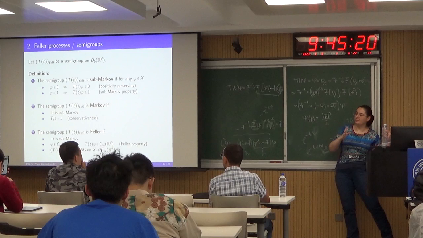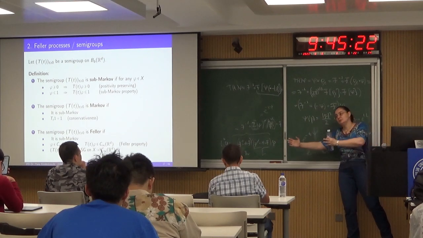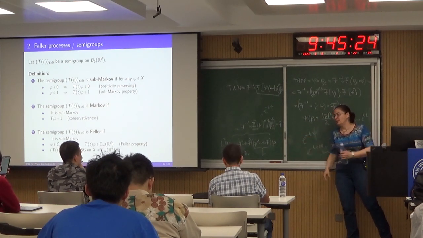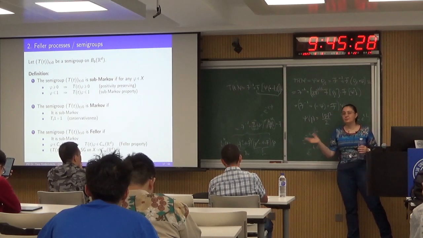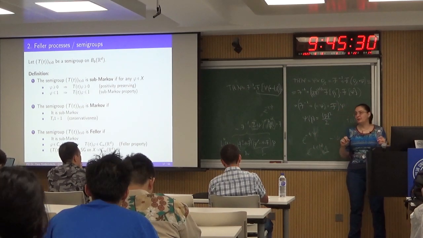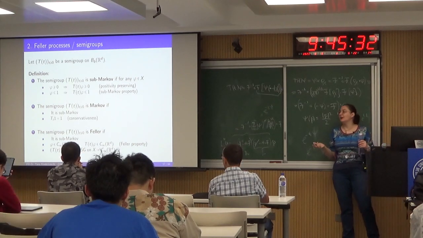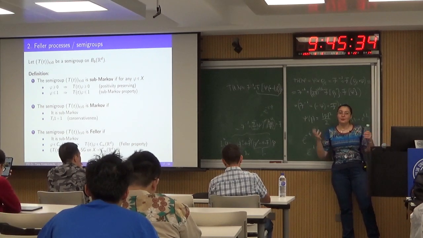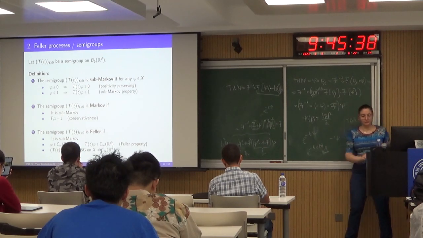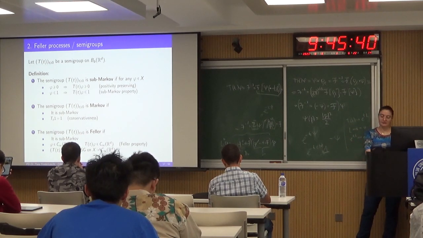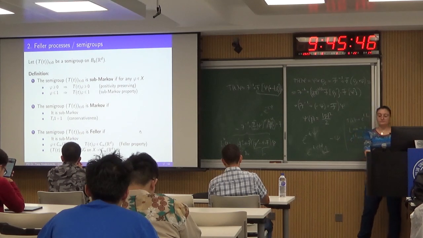Like continuous and bounded functions mapped to continuous and bounded, or C infinity into C infinity. So there are different types of Feller property which give rise to different notions of Feller processes and Feller semigroups. But the most standard one, at least in the research groups where I was working, is this one.